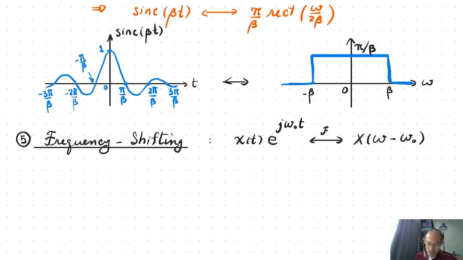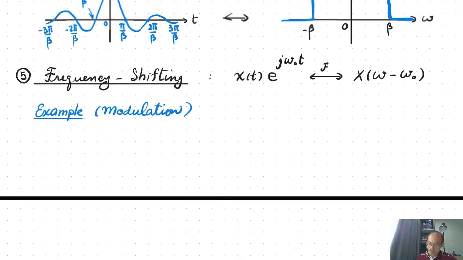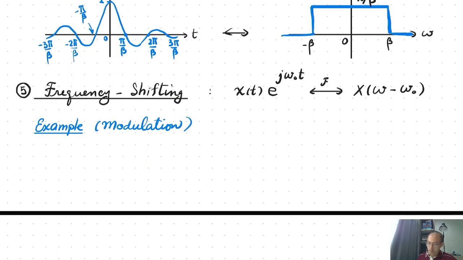All right, and let's look at some example. This example is called modulation. In communication systems, we are often presented with a signal that looks like this.